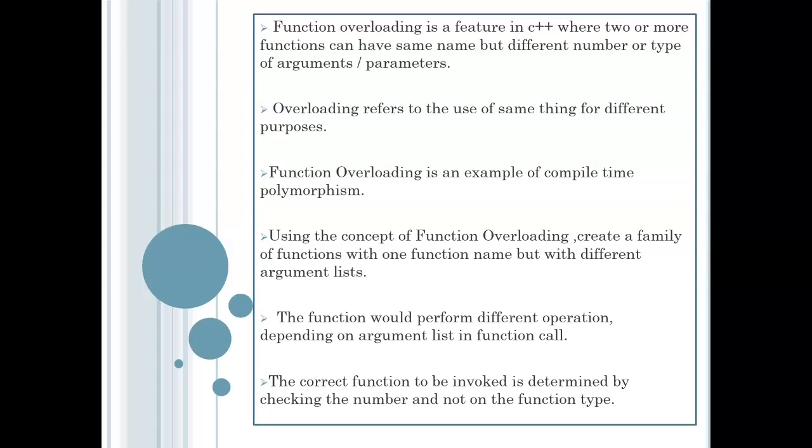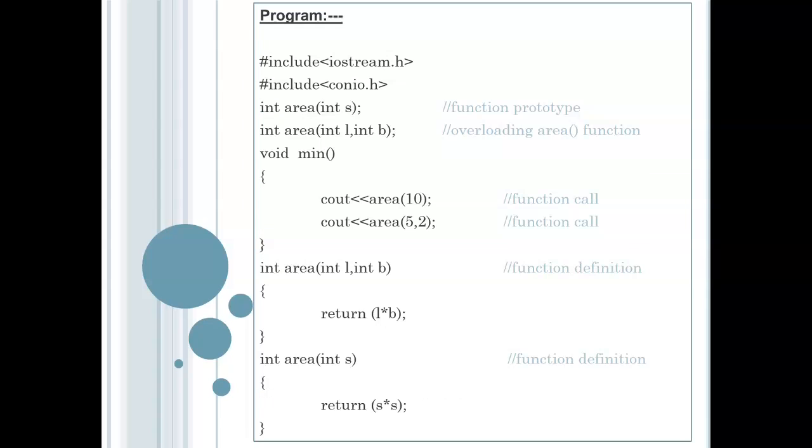Let us see a simple example of function overloading, where the number of arguments of the area function is different. In this program, I am calculating the area of a rectangle and the area of a square.